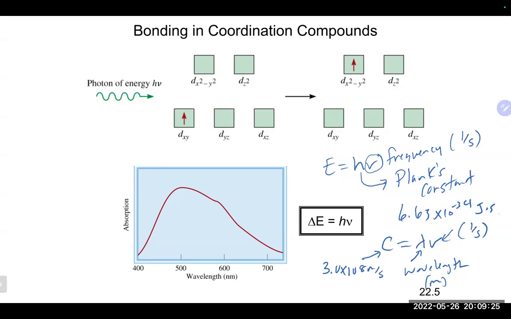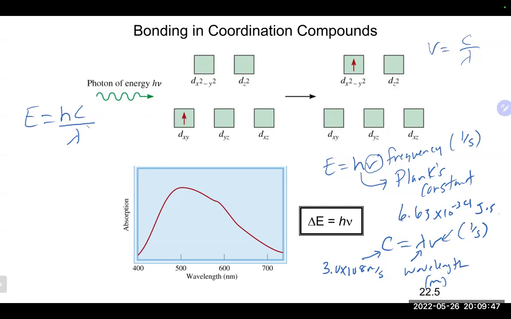This means, like you might remember, that if you simply have the wavelength, you could calculate the energy by substituting those into each other: E is equal to hc divided by the wavelength, because the frequency is equal to c divided by the wavelength. So you can substitute that in for the frequency.